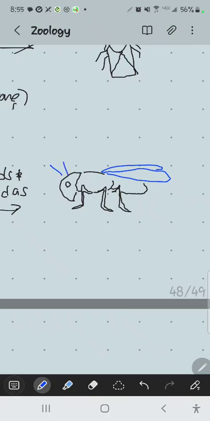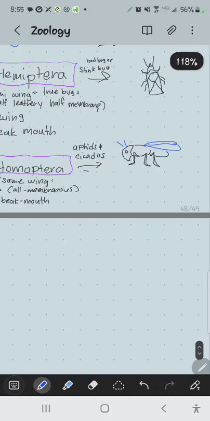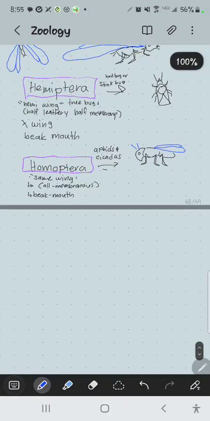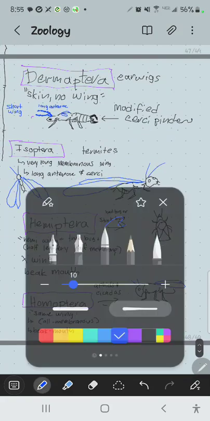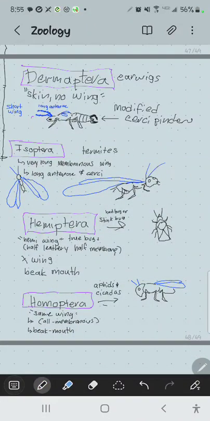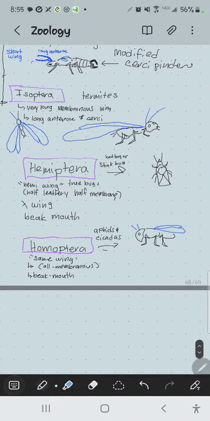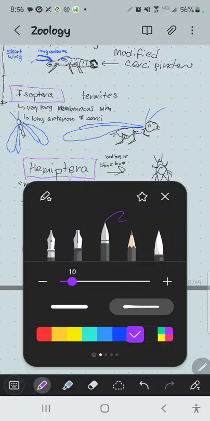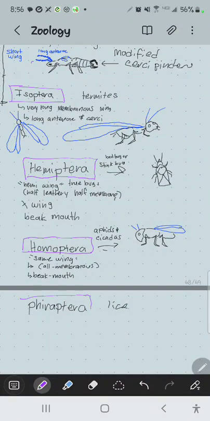Okay, on to, I think this is the last stabbing biting one here. And this is the Phthiraptera. And the Phthiraptera are the lice, body lice, head lice, crab lice, etc. Aptera means no wing, and Phthir, P-T-H-I-R, is Latin for louse.